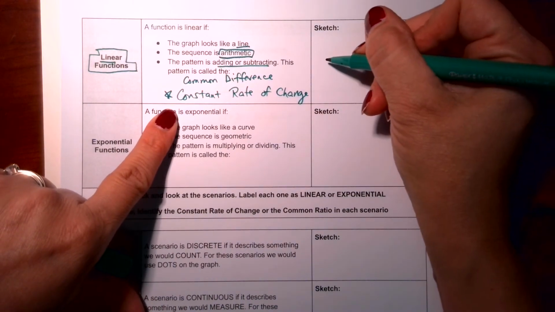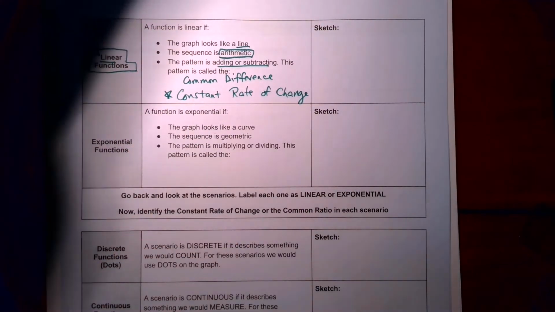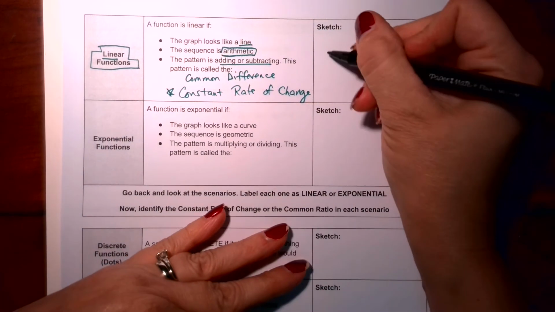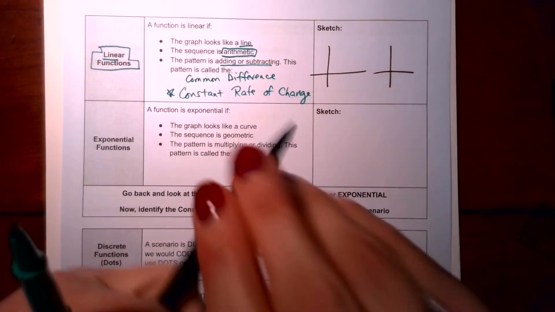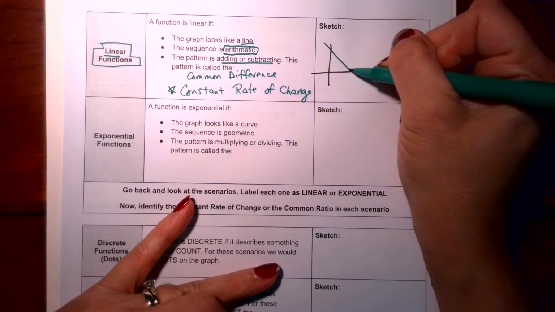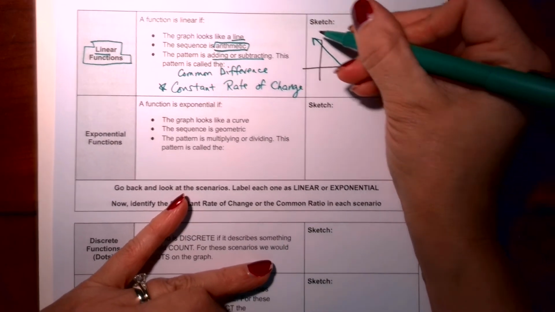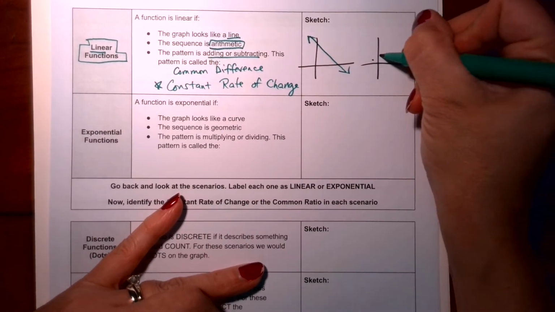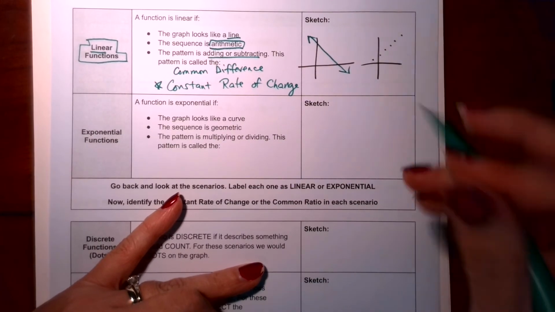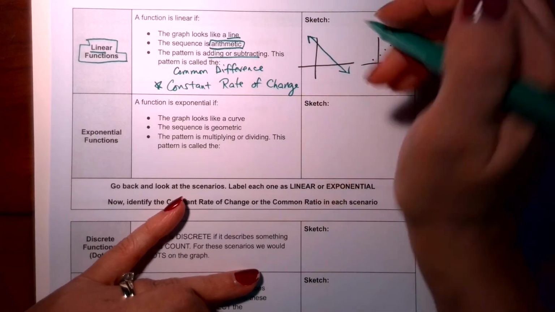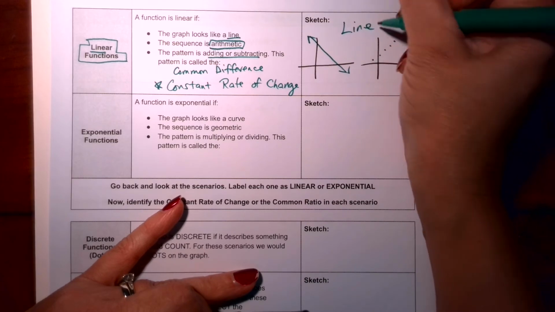What would it look like? A graph that is linear is going to look like a line. So maybe it is going downhill, like that. Maybe it's connected, or maybe it's going uphill, and it's dots. But it's definitely a line.